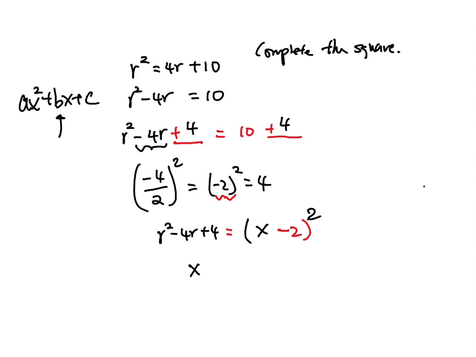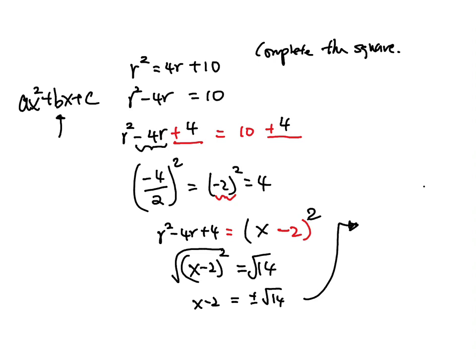So this is r minus 2 quantity squared equals 14. Square root both sides. r minus 2 equals plus or minus the square root of 14. So add 2 to both sides. r equals 2 plus or minus the square root of 14. And then we're done.